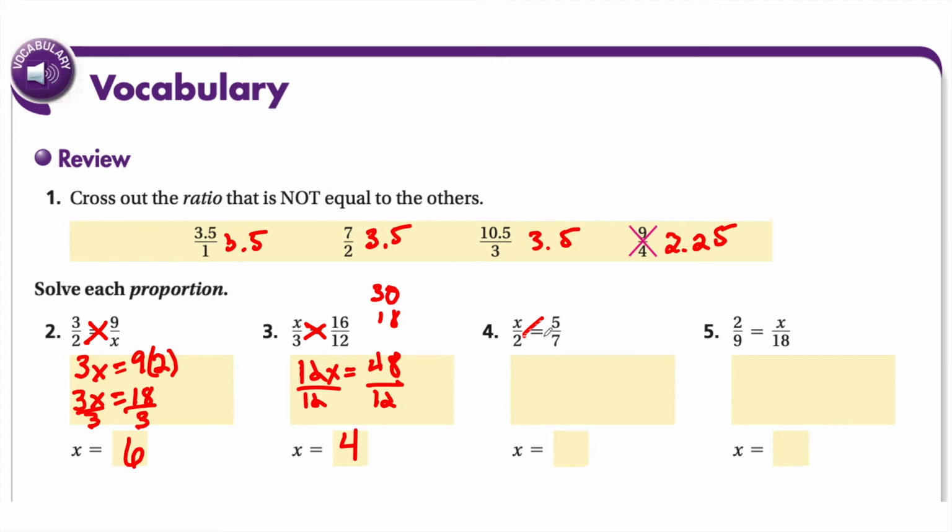Again, cross multiplication. 7x has to equal 2 times 5, which is 10. Divide both sides by 7, and you'll get that x will equal 10 over 7.